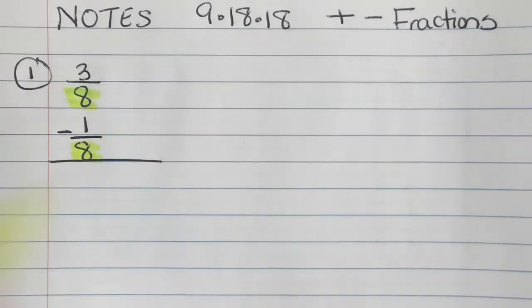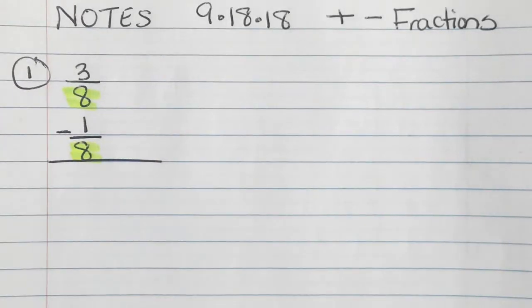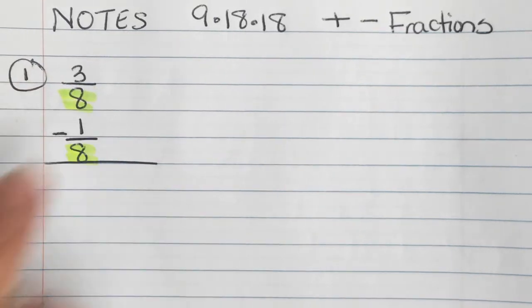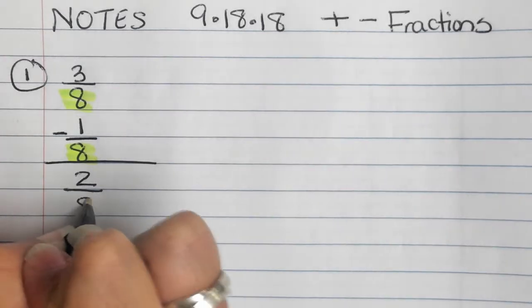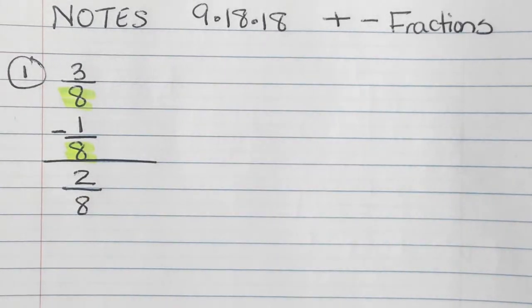In the world of pizzas, I'll be honest, that means it's cut the same. It's 8 slices. They're both 8 slices. It's easy to pull pieces out. So, if I have 3 and I take away 1, how many do I have? 2 out of 8. Now, simplify. What goes into the top and the bottom? 2.